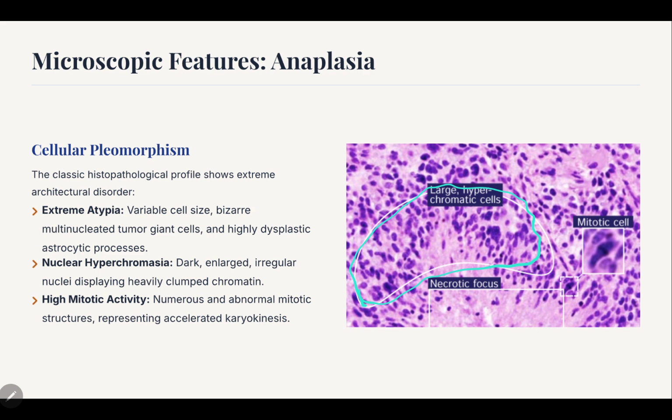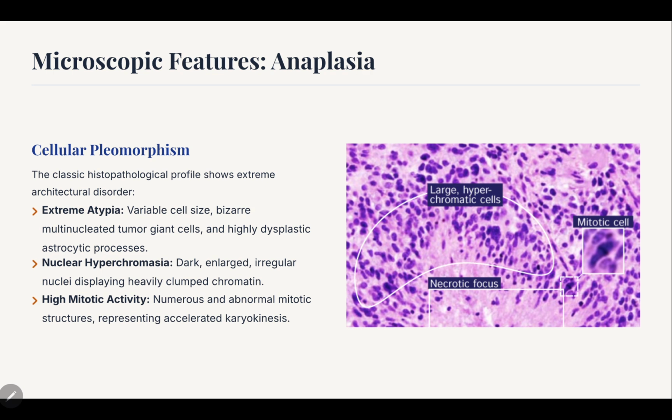And there is high mitotic activity. There are numerous abnormal mitotic structures represented in the accelerated karyokinesis. Here is the zone of mitotic cells, where you can notice the highly active cell which is dividing.